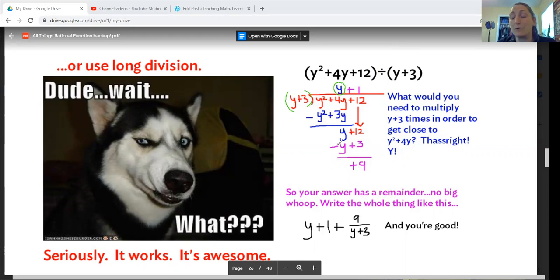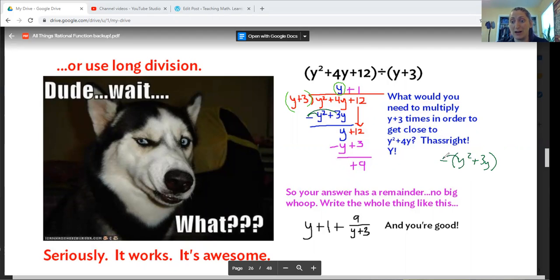We're subtracting. Now, when we're subtracting, it's really important to remember that if I have an expression that looks like this and it's subtracting y squared plus 3y, see how I put the parentheses on that? That means that you need to distribute this negative sign to both of those, all right?